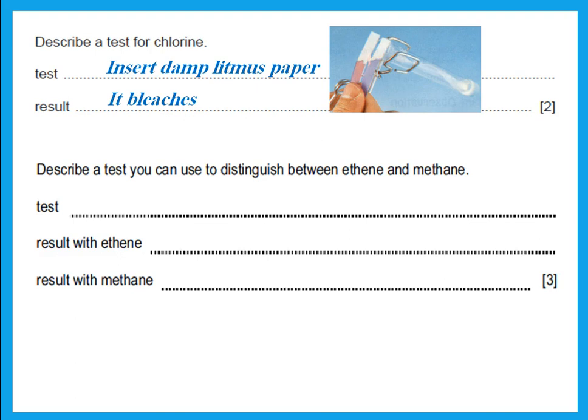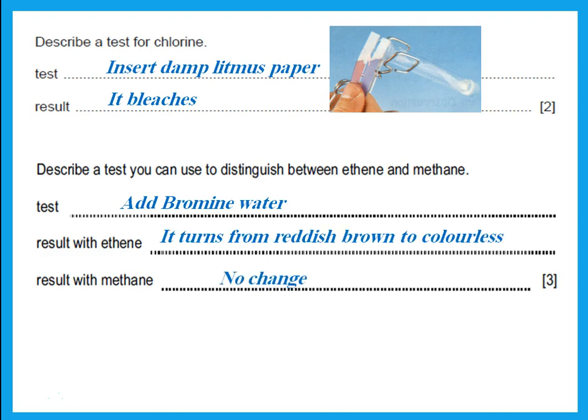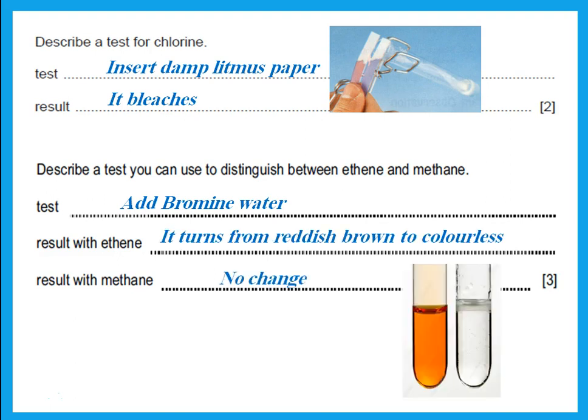So you should know, if you have not done organic, ethene is an alkene. Alkenes have C double bond C. They have a double bond between the carbons. Now, to distinguish between them, we add bromine water. Bromine water will react only with an alkene. When we add it to an alkene, it turns from reddish brown to colorless.